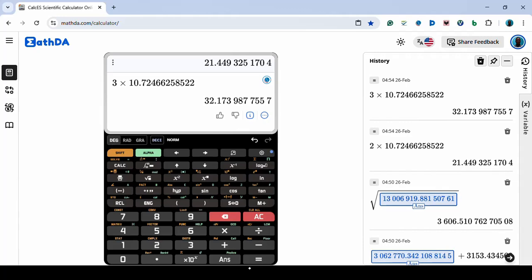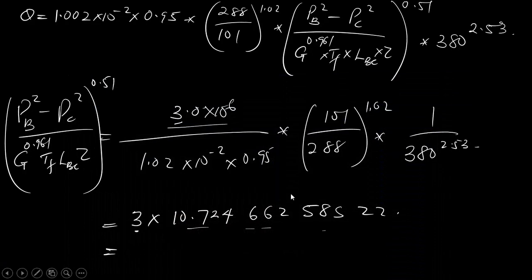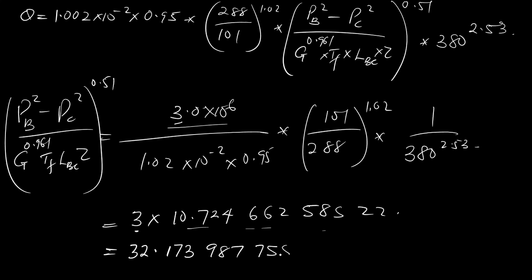Since we have gotten this, we are going to make use of it now. This is 3 times 10.7, which gives us 32.1739877557. So that is it.